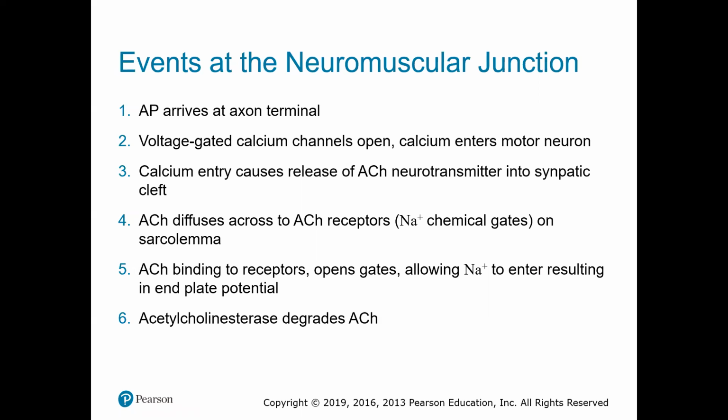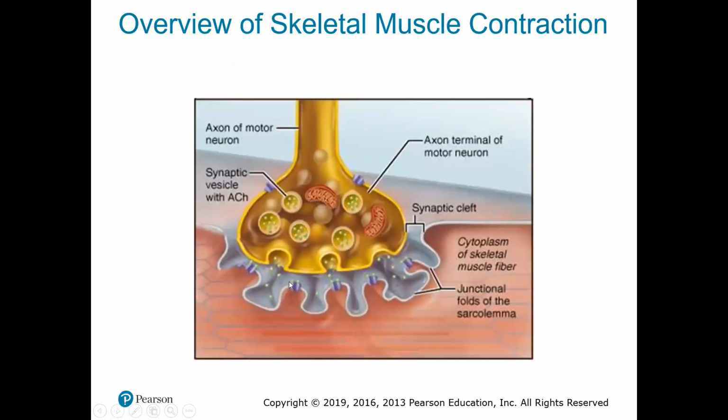Acetylcholine comes across the synaptic cleft, lands on the sodium gates. The sodium gates open up, sodium goes into the motor end plate region. Let me show that back here. These little purple things down here are sodium gates. They're not color coordinated or anything. Each one of these sodium gates has a receptor site for acetylcholine.